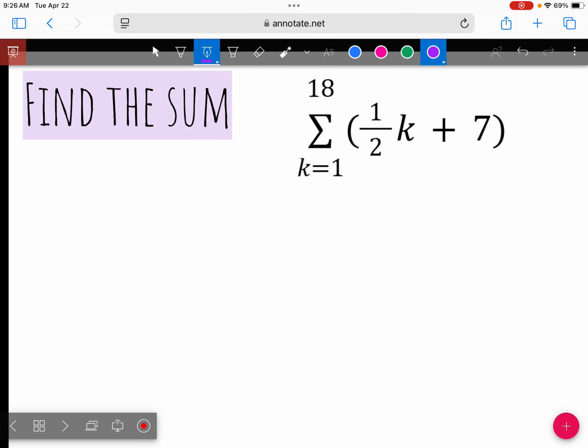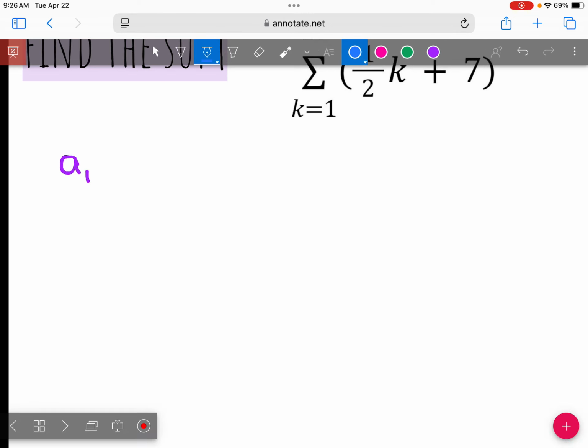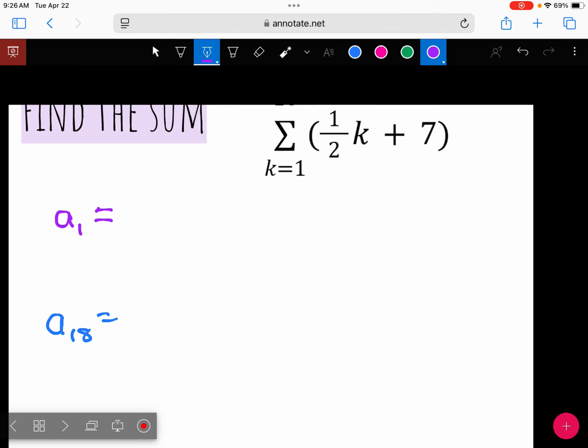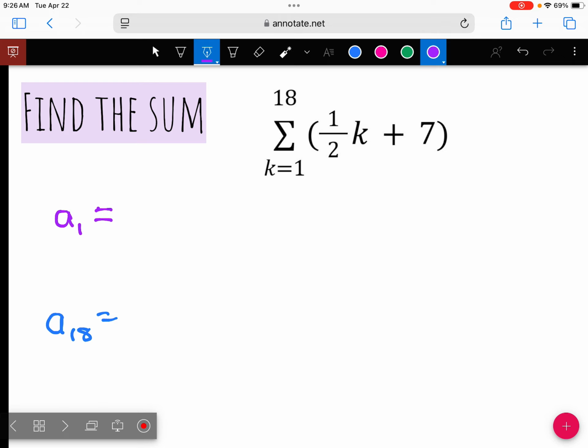So find our first term and find our last term. That's probably the easy way to go, for my mind, at least. You can do it either way. You can either find our common difference and go with the second formula, or you can go with our first and last and use that one. So what is our first term going to be?